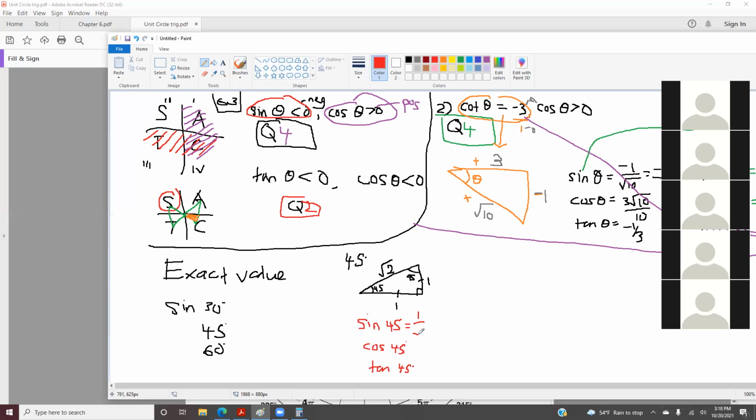Which, if you rationalize this, is square root of 2 over 2. How about cosine 45 degrees? That's correct. Same thing, right? 1 over root 2, which is the same thing as root 2 over 2. And what is tangent 45 degrees?